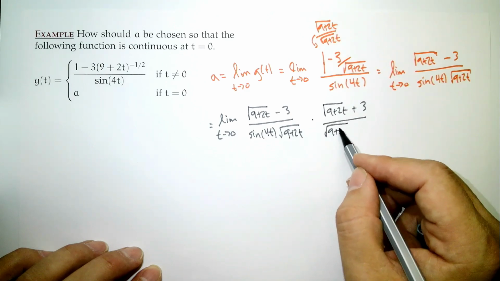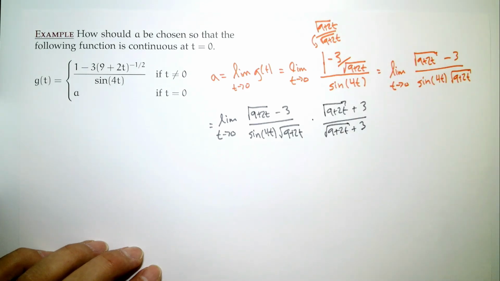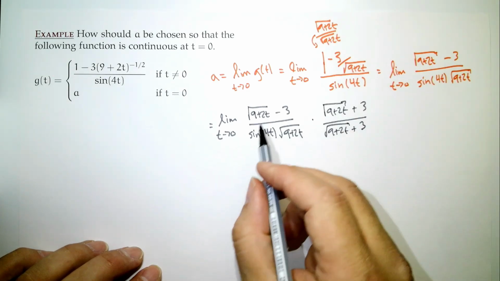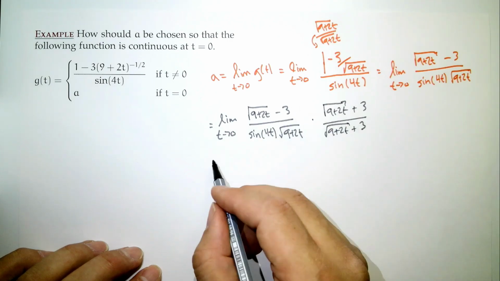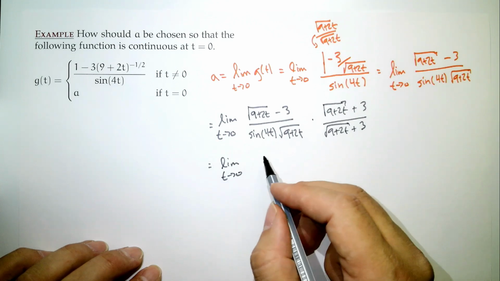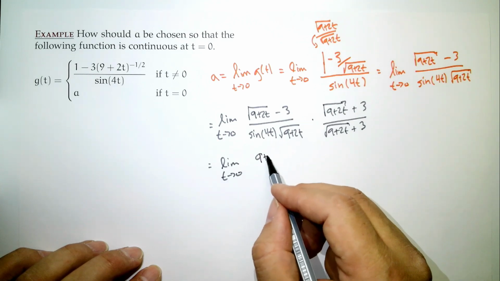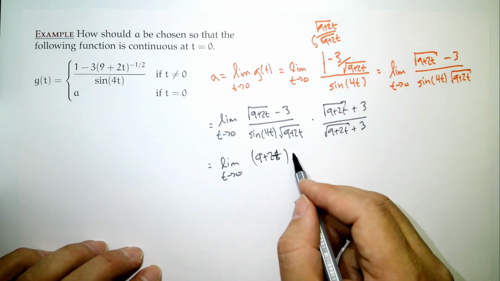And now upstairs, when we multiply that, we're going to get a squared minus b squared. So that becomes the limit as t goes to 0. We're going to get 9 plus 2t minus 9.